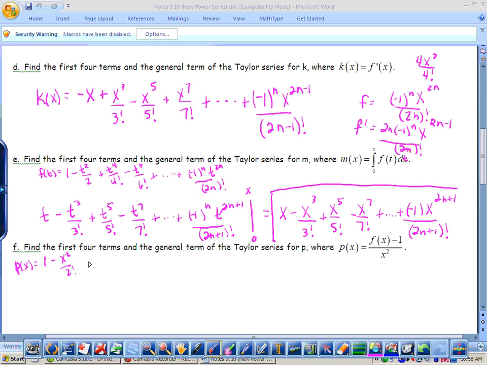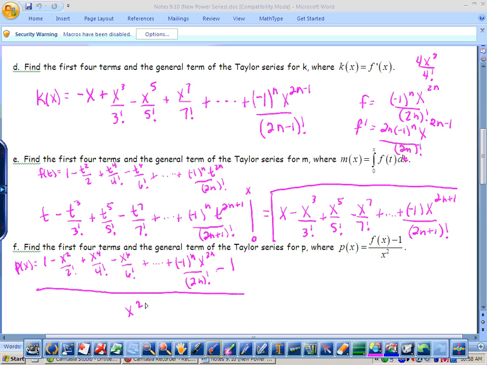So f of x is 1 minus x squared over 2 plus x to the 4th over 4 factorial minus x to the 6th over 6 factorial plus, negative 1 to the n, x to the 2n over 2n factorial. Okay, so that's my whole f of x, and then it says, okay, we'll subtract 1 from that, so minus 1, and then divide that whole thing by x squared.